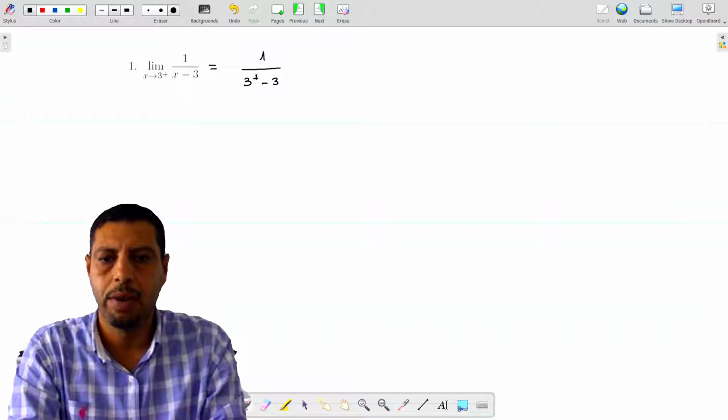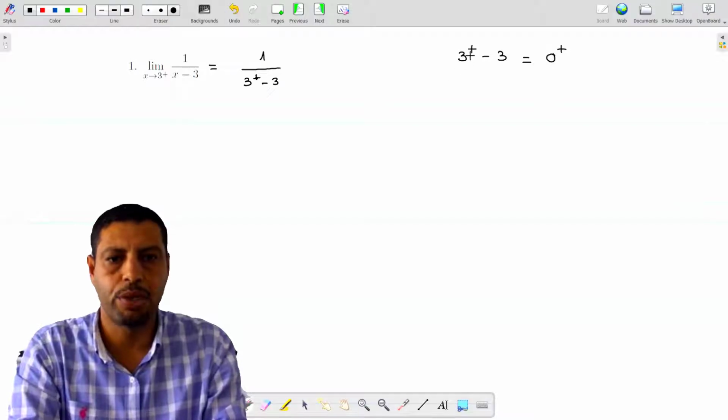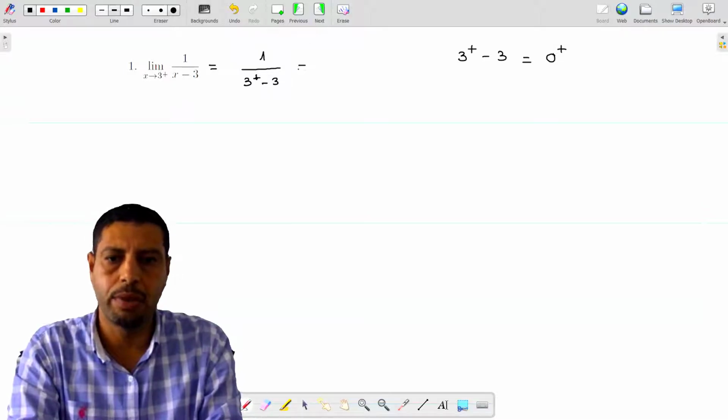It means we replaced the x by 3 plus, and you know that 3 plus minus 3 in limits notation is equal to 0 plus, because x is approaching 3 from the right, so it's greater than 3. It's really close to 3, so it gives 0, and since it's greater than 3, it gives a positive 0, so it's 0 plus. So this limit is equal to 1 over 0 plus.